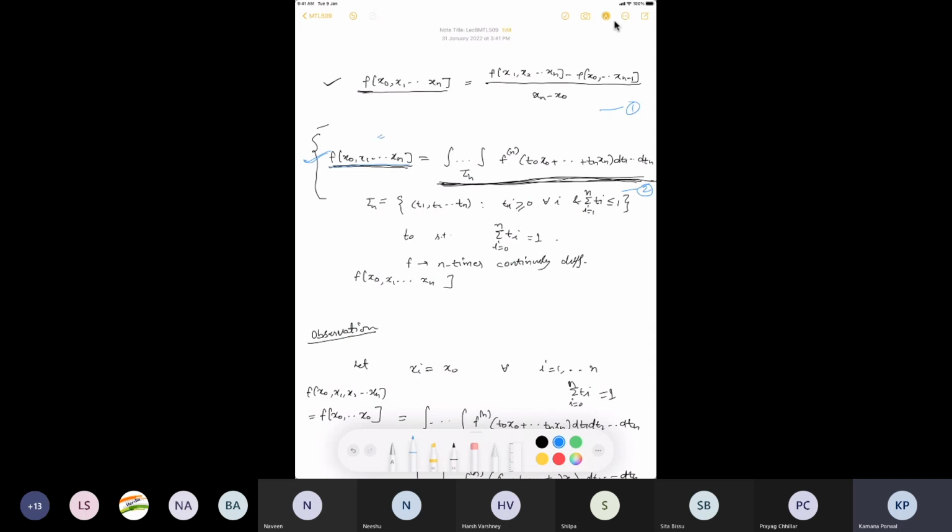So this is nothing but the same as the nth derivative of f evaluated at some xi divided by factorial n, where xi is lying in the smallest interval containing all the xi's, right?